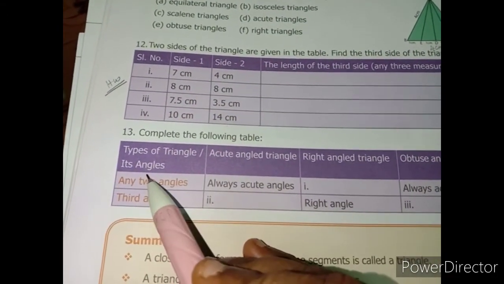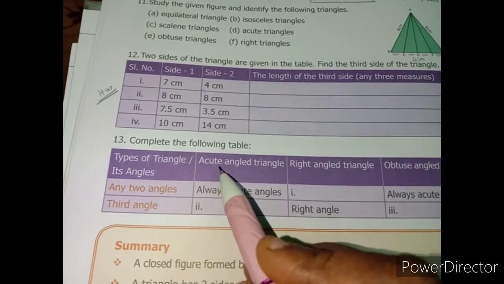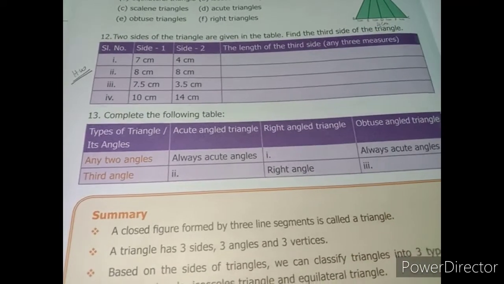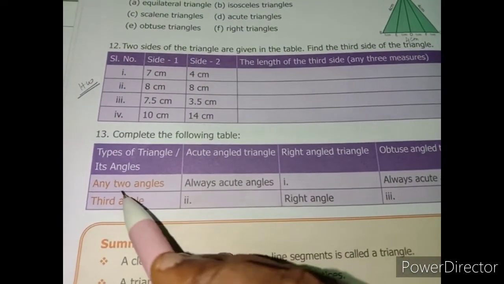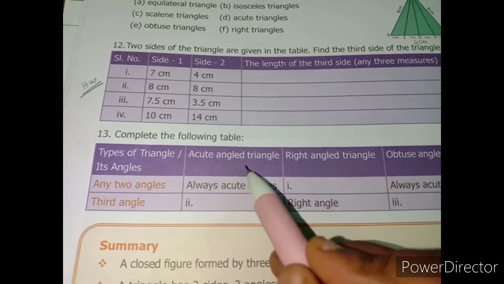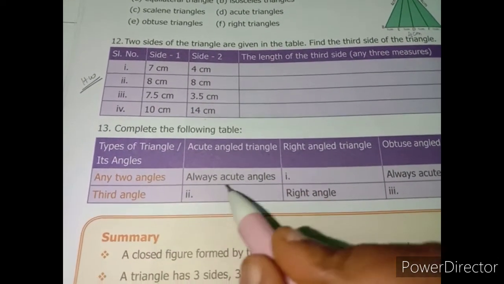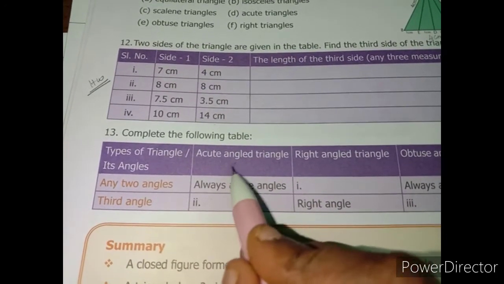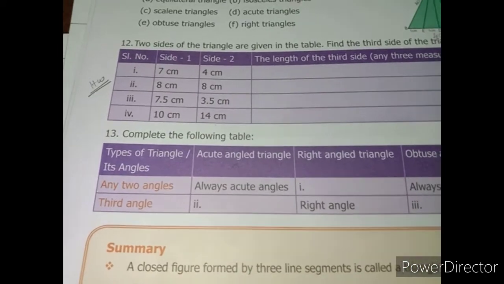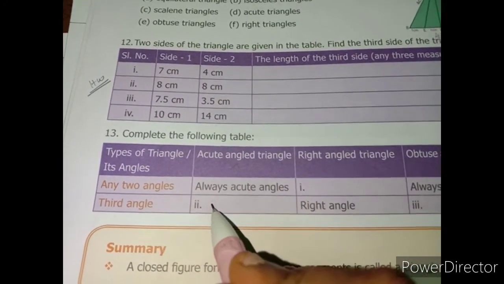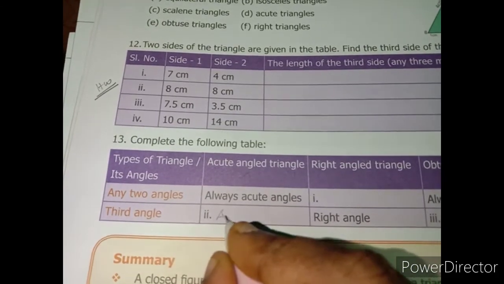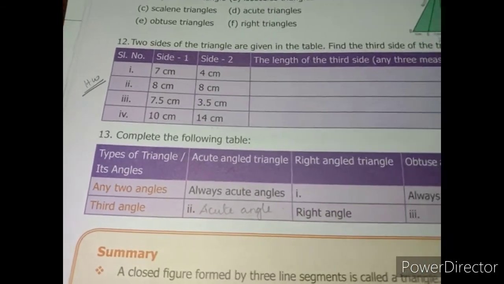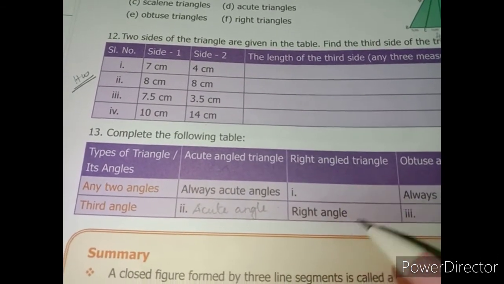See, types of triangle and their angles are given. Acute angled triangle, right angled triangle and obtuse angled triangle. If you see the first one, two angles. So in an acute angled triangle, any two angles are always acute. And what will be the third angle? The third angle also will be an acute angle. See the next one, right angled triangle.